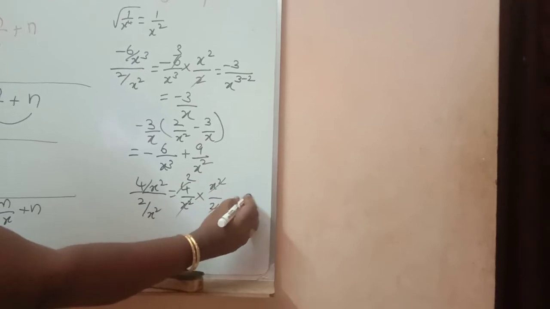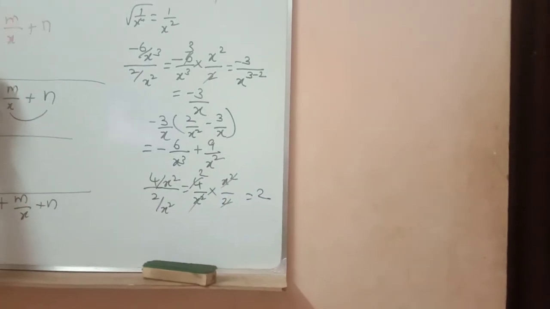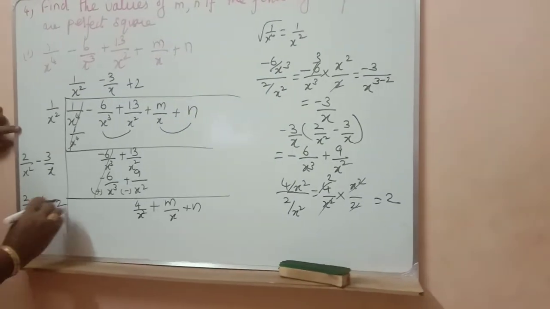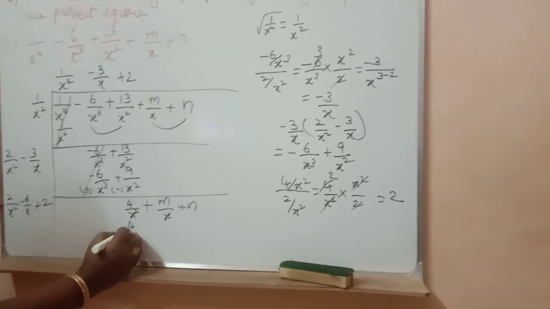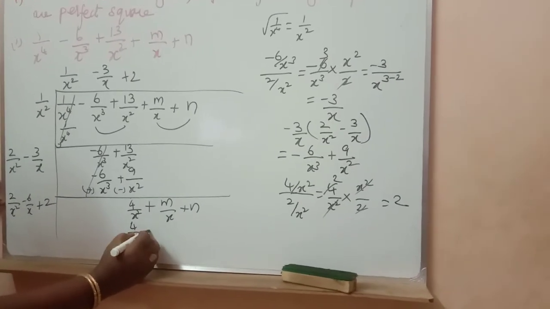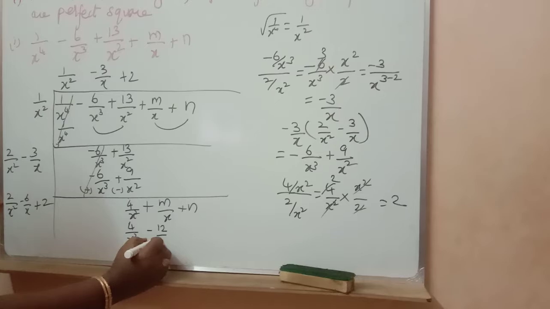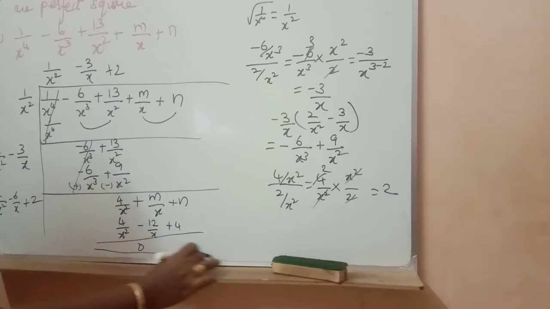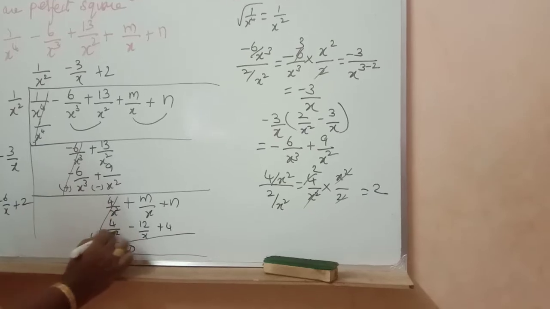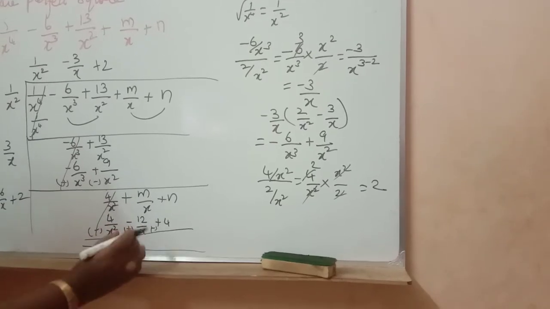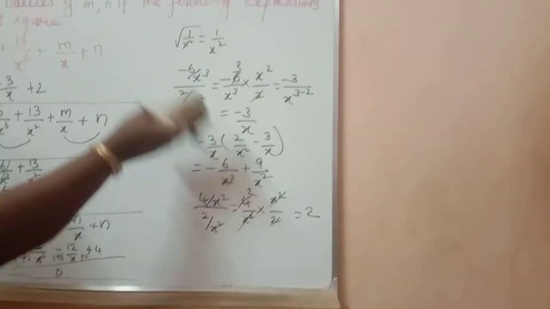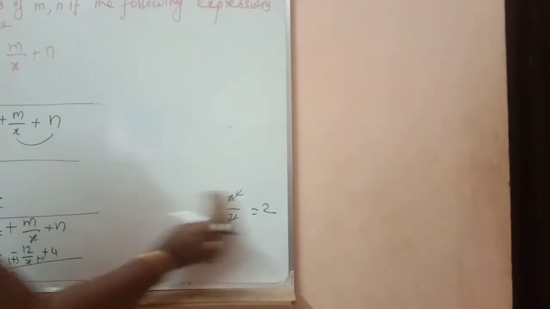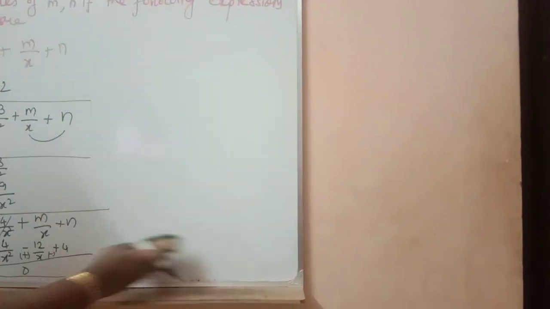So we will get 2. So plus 2. Now multiply 2 to sub. 4 by x square minus 12 by x plus 4. Change the sign. It will be cancelled. It will become 0 since the given polynomial is a perfect square.